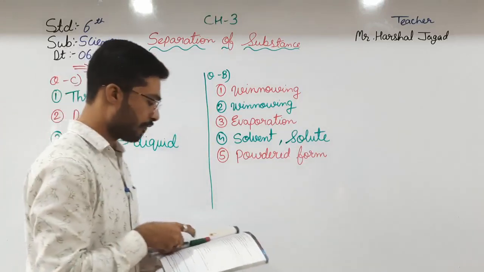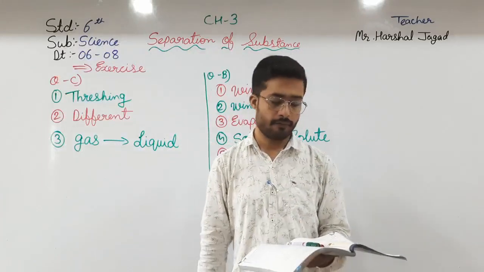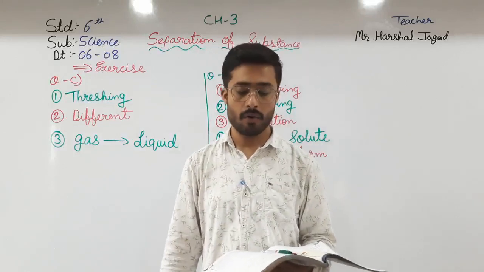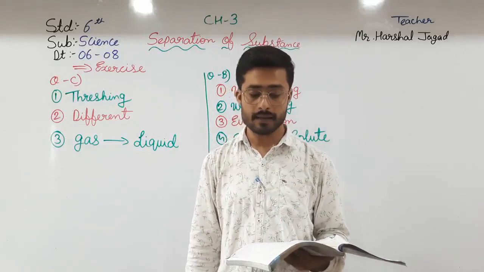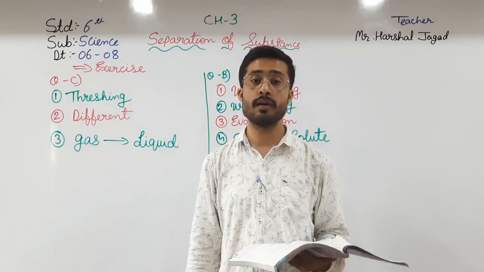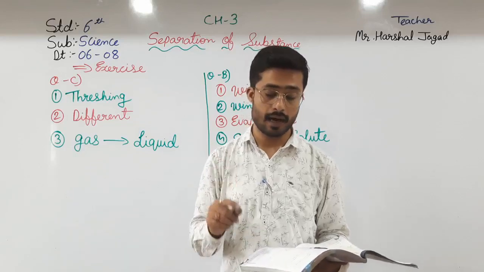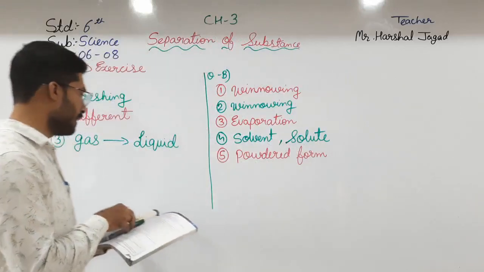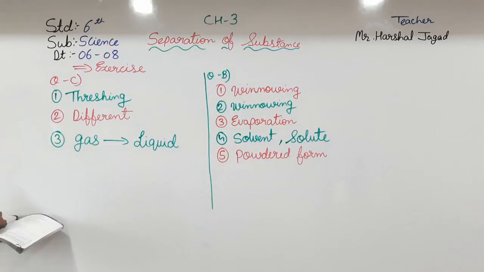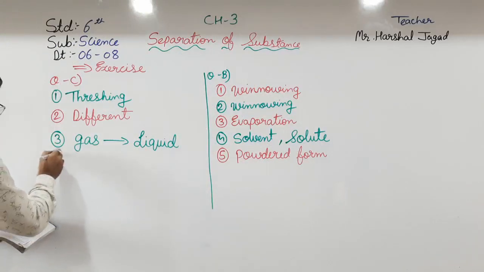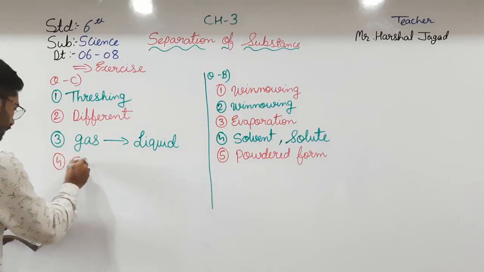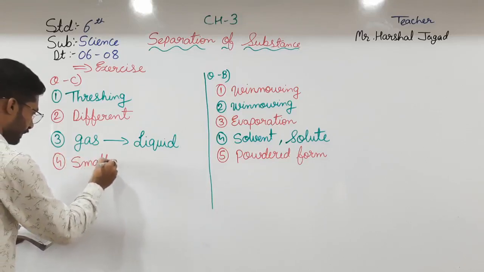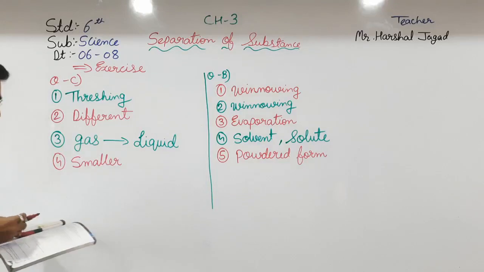Then the fourth one: a filtering device should have holes that are bigger than the particles of the insoluble solids. No, they are smaller than the particles of the insoluble solids. So here fourth one, smaller.